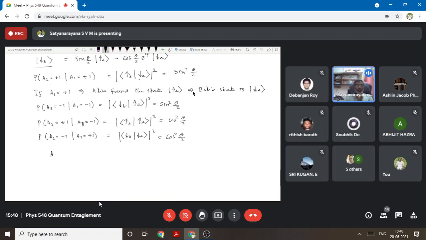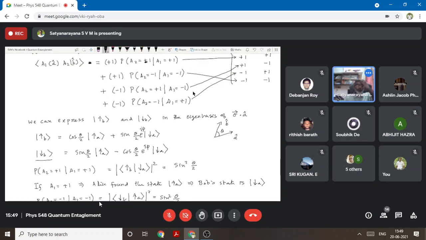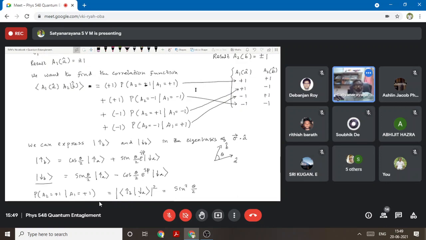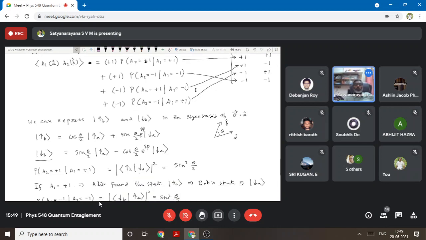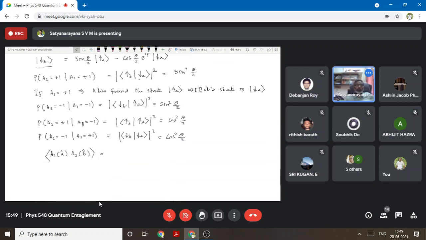your A1 of A cap into A2 of B cap, this correlation function, is equal to 2 times sine square theta by 2 minus 2 times cos square theta by 2.